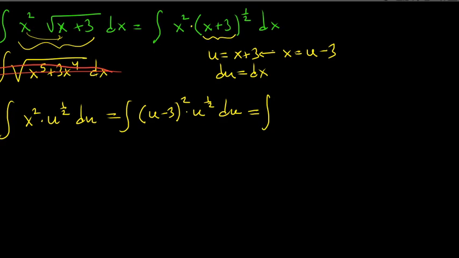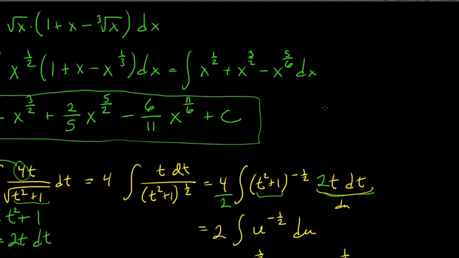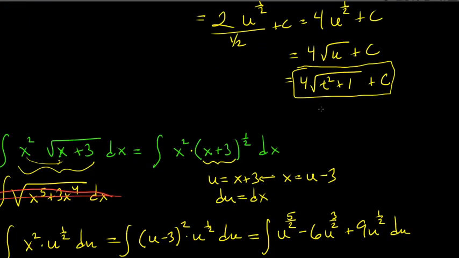But unlike up here, where we couldn't really do anything with that, here we could multiply this out. If you multiply it out, you're going to get u squared times u to the 1/2, so that's u to the 5/2, minus 6 times u to the 3/2, plus 9 u to the 1/2. And now this is looking a lot like part D.